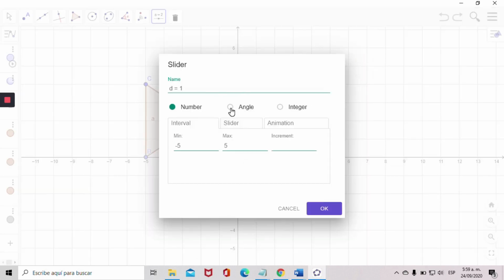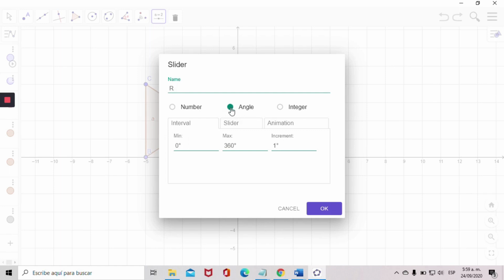I am going to say it is for an angle I want to manipulate, and I'm going to call this slider R. That's the name of the slider, R for rotation, but it can be whatever name. Don't write a name like Diana, but a letter.